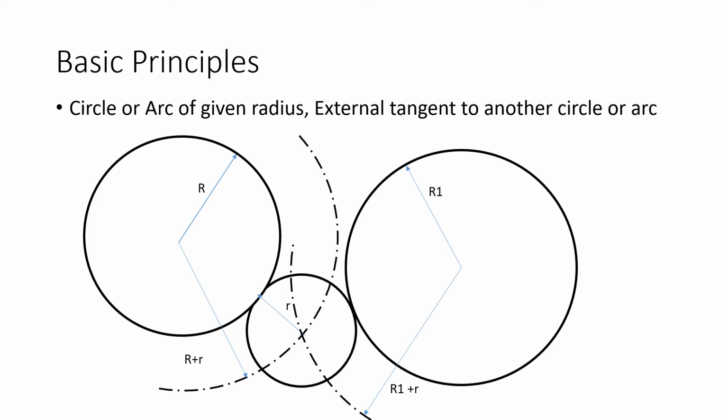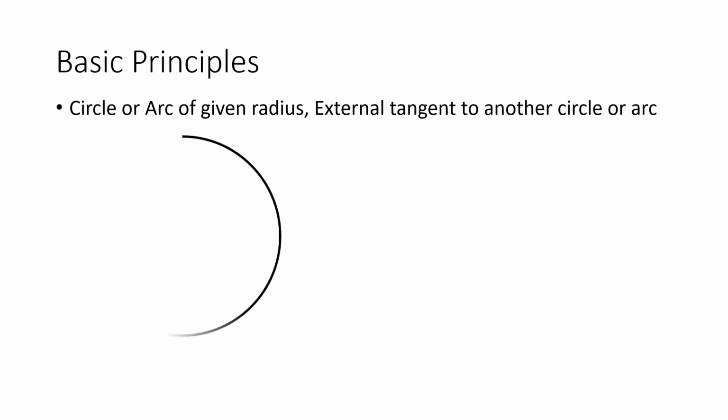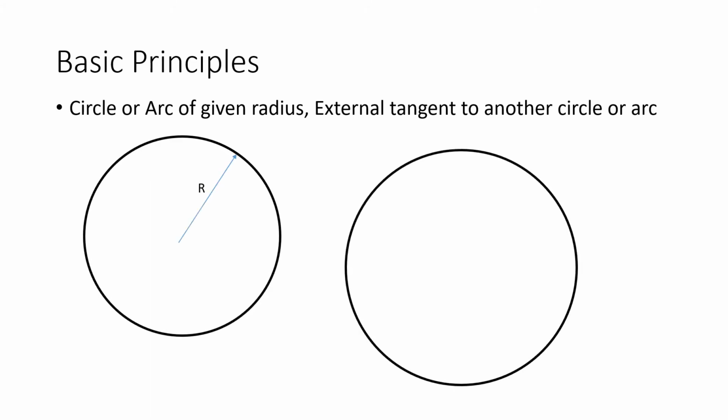So if we want to work backwards now, and we start with our two circles of R and r1, and we wanted to get that small circle, which is going to be an external tangent, to touch those two circles, we would have to add the radius of the two circles to the radius of the required circle.